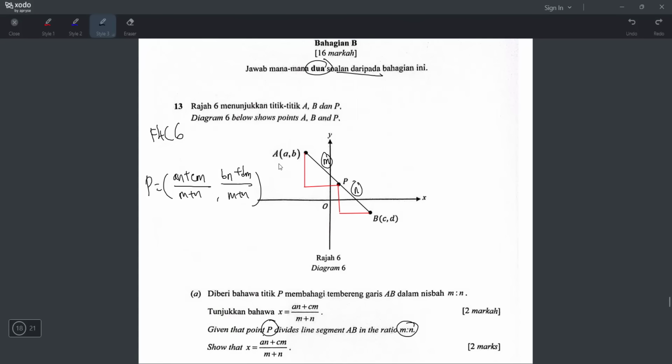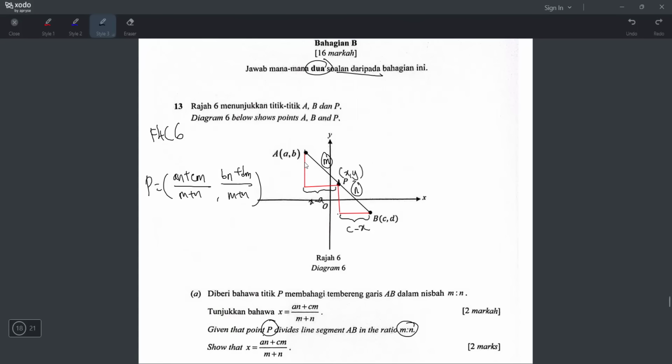So what we have to do now is find the distances first. Since I'm trying to find point P, I'll call it (x, y) for now. To find this length, I take the x coordinate of this point minus the x coordinate of this point, so it will be c minus x. And here, the x coordinate for this minus the x coordinate for this, so x minus a.